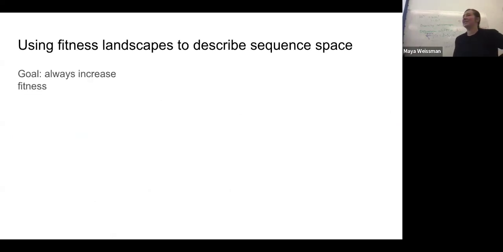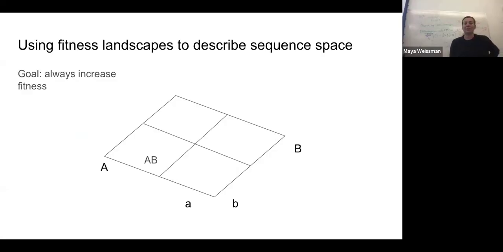So fitness landscapes are ways we can explain mutations in a similar way, or especially multiple mutations, where our goal is always to increase fitness. Imagine I have two mutations, one at this A locus and one at this B locus. In this graph, little a, little b is the wild type allele.